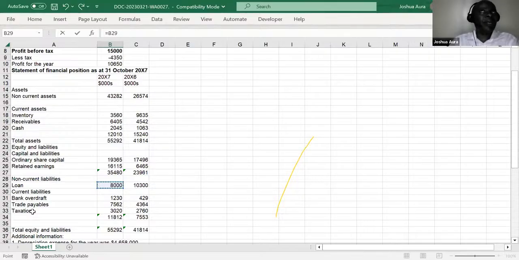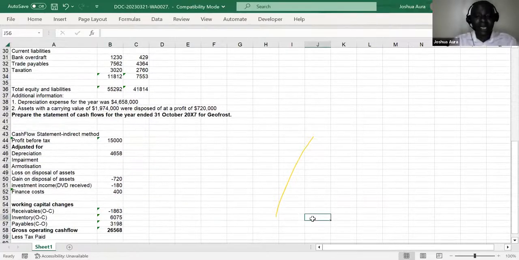So remember that under liabilities, this being a liability, you must be very bright. Whenever you're accounting for a liability, what you need to do is to take closing minus opening. Closing minus opening.